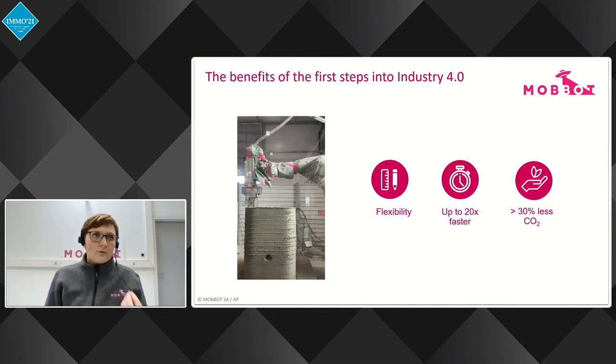What the 3D printing solution offers customers and end users, which are construction companies or real estate owners, is high flexibility when they are developing their projects, being able to modify the shape of what needs to be printed until just the last minute before printing. It's up to 25 times faster than cast-in-place methods.